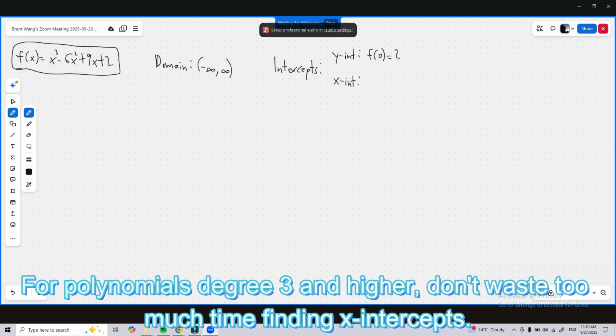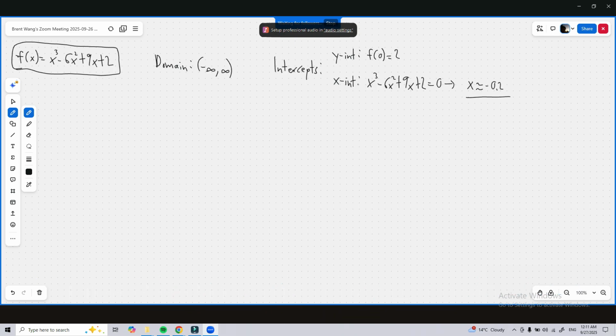But for the sake of illustrating, I just plug this into a computer. You can plug this into a computer or use Newton's method, but there's only one x-intercept, and it's roughly at x equals negative 0.2. So, yeah. That does it for intercepts.